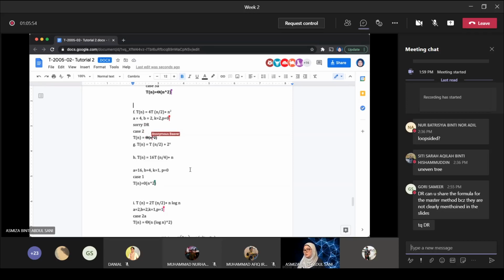So it's equal to K. So it's case 2. So case 2, since P is 0, so case 2A. So case 2A is N to the power of K, N squared log to the power of P plus 1. So log N. Right?